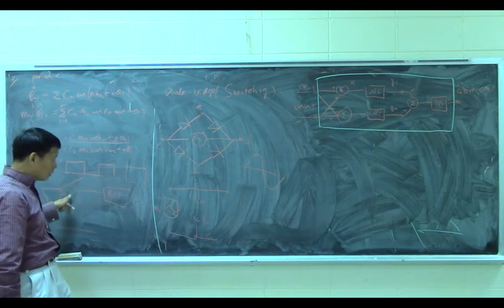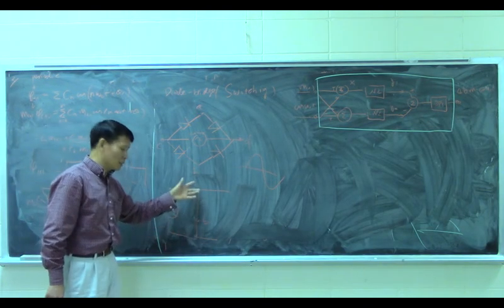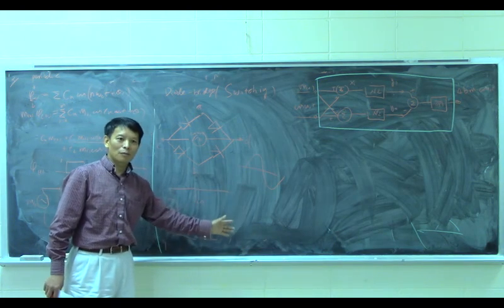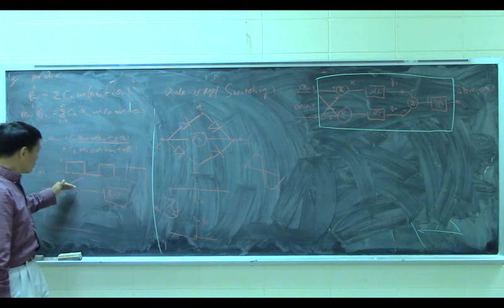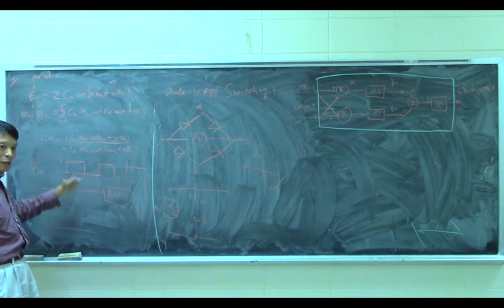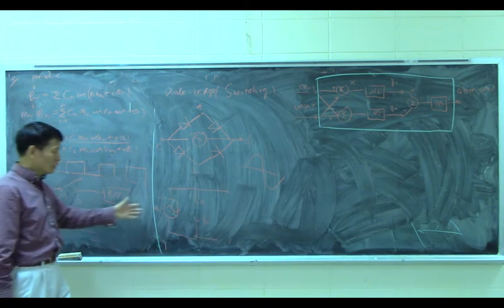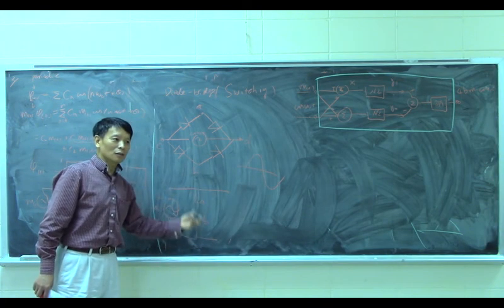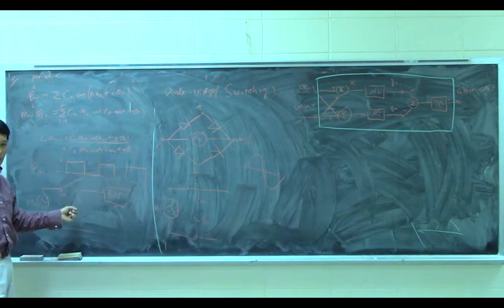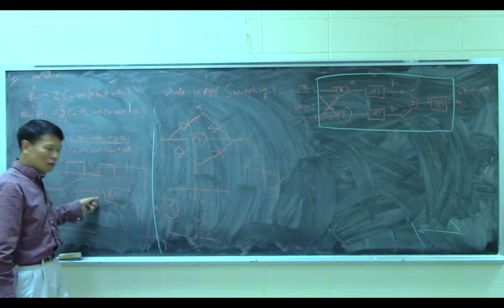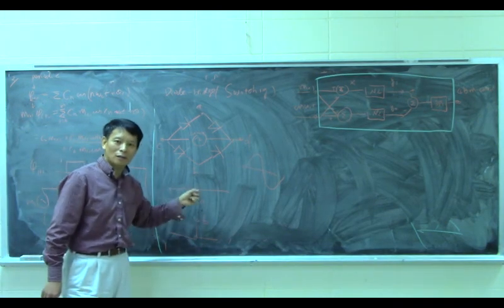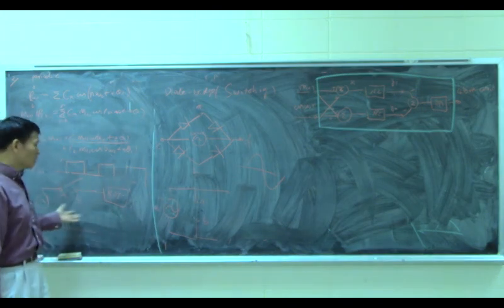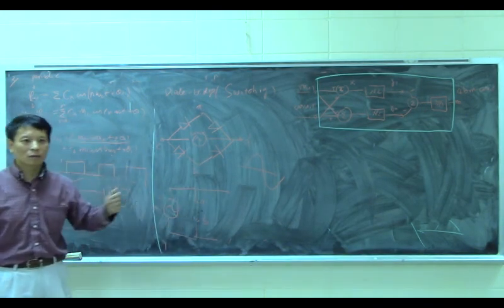When this one is closed, that means this is short, so we don't have signal here. When this one is open, that means we have 0 here. When this is open, we are going to have signal here. So this one is just the opposite to this one. This is 1, 0, 1, 0. This one will be 0, 1, 0, 1. But anyway, it's a switch. So you can connect like this, or you can connect like this. Both work.